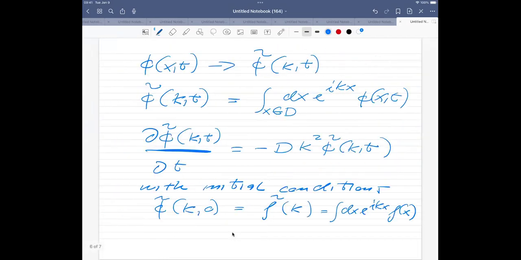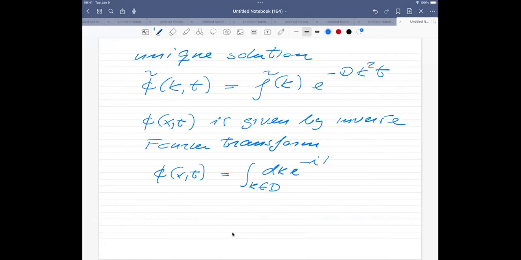I had a plus there, but it is minus i k x, and then I perform the Fourier integral.